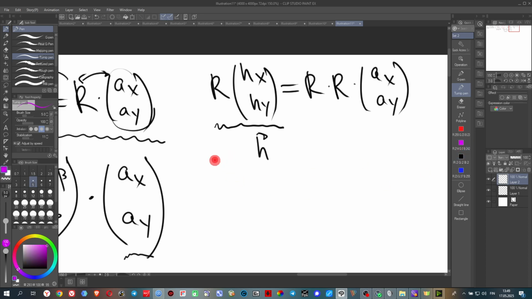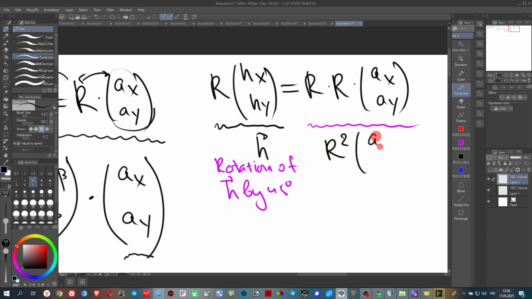So we can write it here: it is a rotation of h by 45 degrees. And here we can rewrite it as R square times ax ay. So once again, we need to understand what happened here. The rotation of the new vector by 45 degrees is here, but the new vector hx, hy is a rotation of the old vector by also 45 degrees.